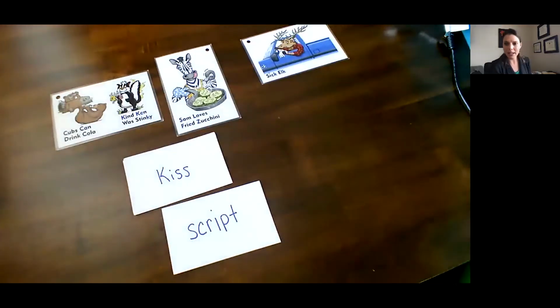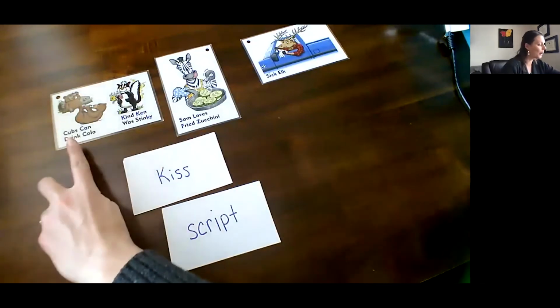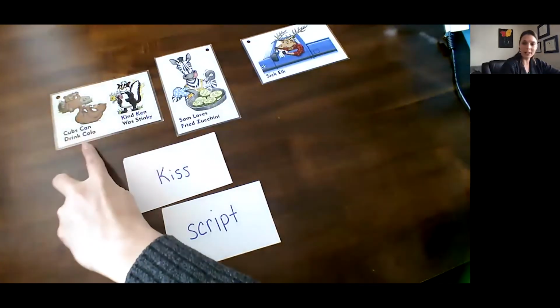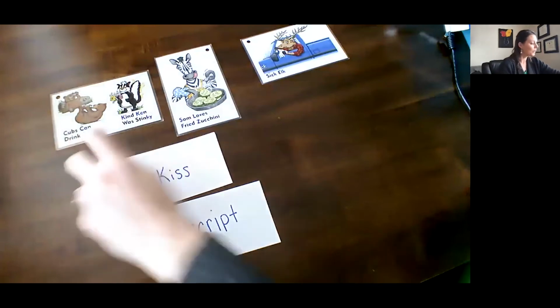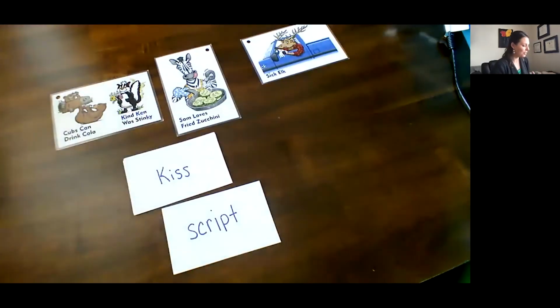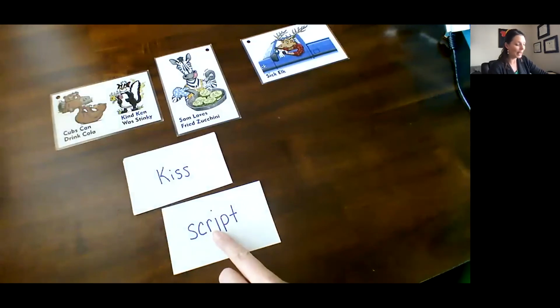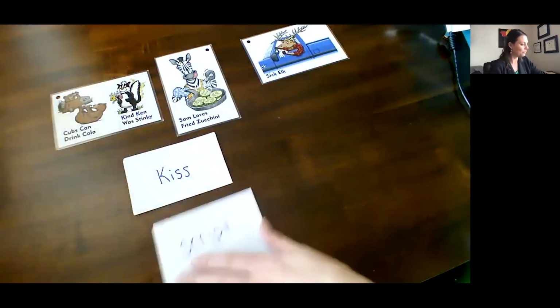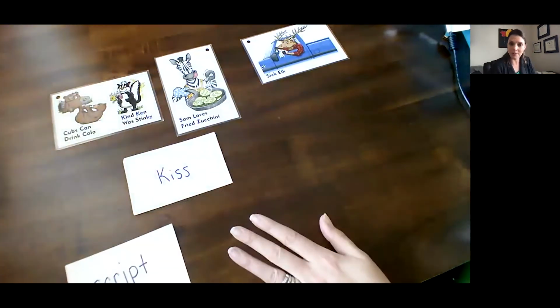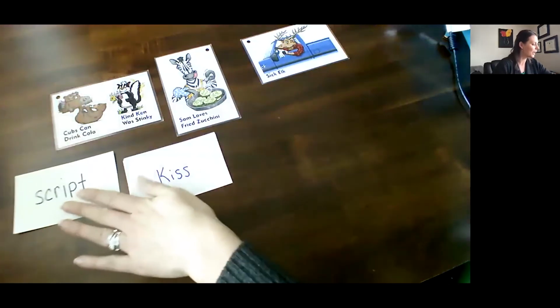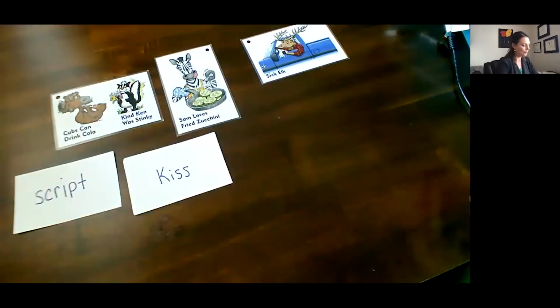And the SC blends and the SK blends actually do qualify for your K rule at the beginning of words. So the same logic is followed. If you don't have an E, I, or Y after that C, and you do need the K sound, you're going to pick a C. So you're going to follow the Cubs rule. And so we can just file that right over here.